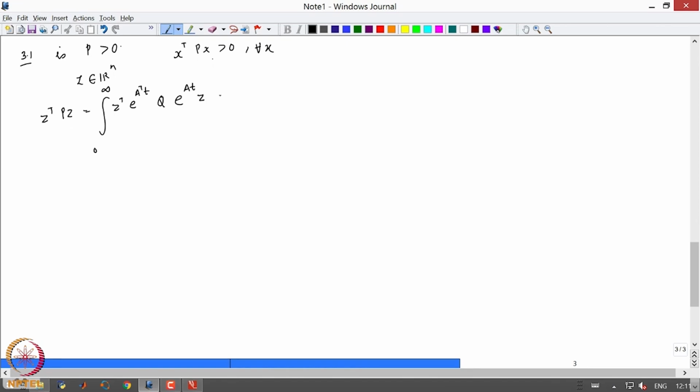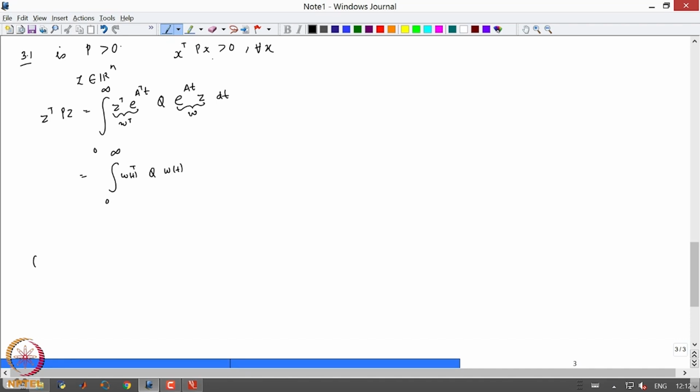times z times dt. Now, this is some vector, right, we will call it w, and then this therefore will be w transpose. Okay. I have the integral from 0 to infinity of some vector w transpose, this is again depending on time, Q w(t). Okay. Now, what do I know?